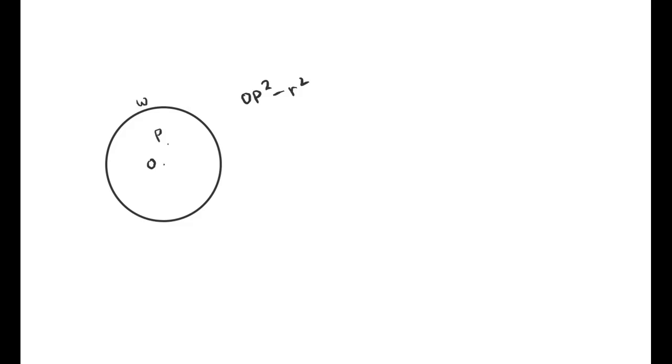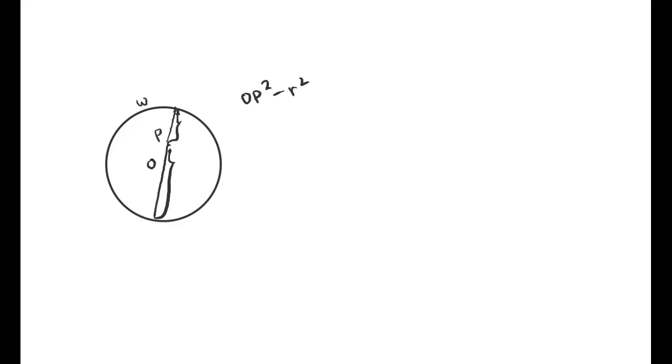And you can see that this is basically like the definition that you're probably used to, since this is basically OP plus R, and this is OP minus R. So they multiply to OP squared minus R squared.